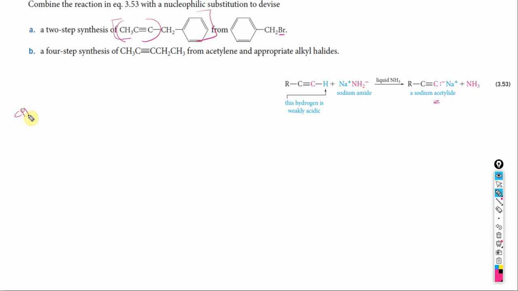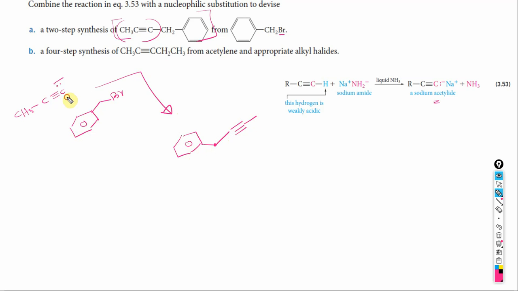So we have to start with that and react that with the benzyl bromide to give you the product we have. That's the CH2 of the benzyl, the bromine has gone, and that is the acetylide part of the molecule.